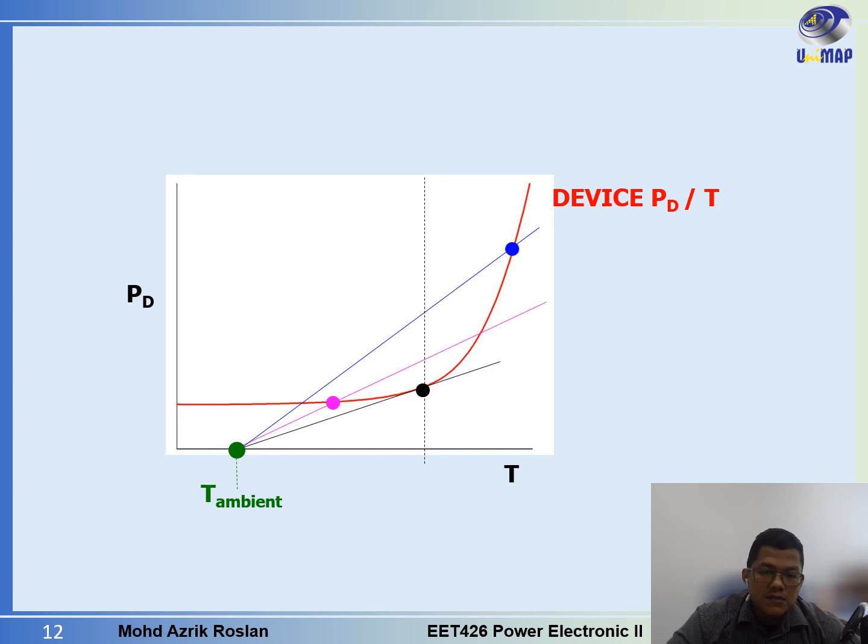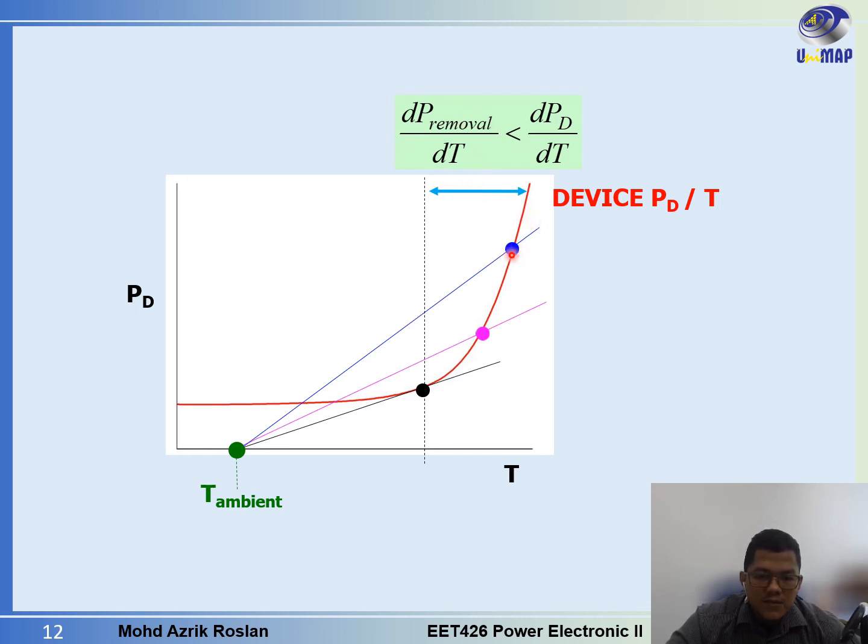So this is the region after the boundary condition here. We have the boundary condition here, and any point that exceeds this boundary condition, you can find that the dPd over dT, meaning the slope of the curve at this point, is higher than the dP removal over dT.